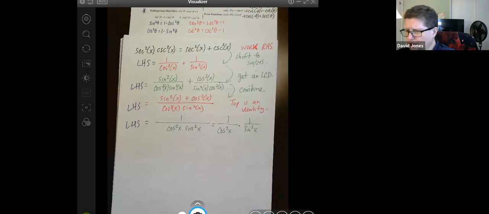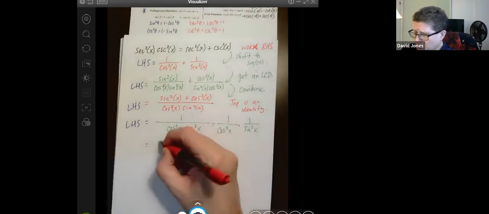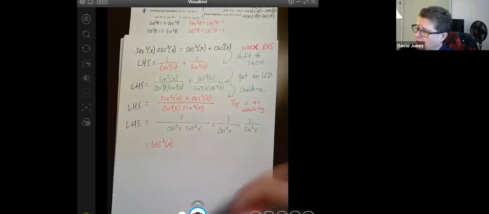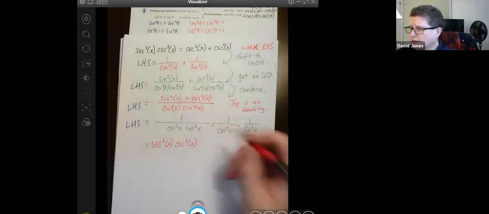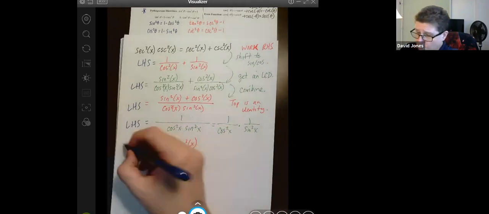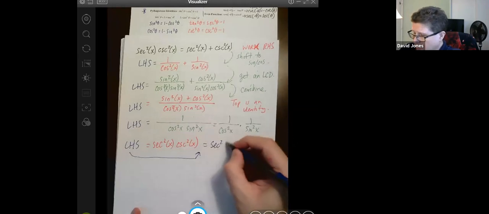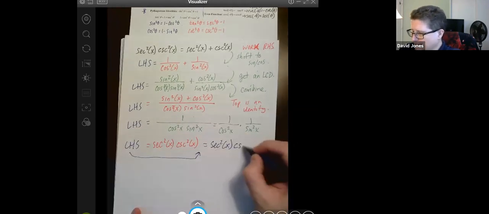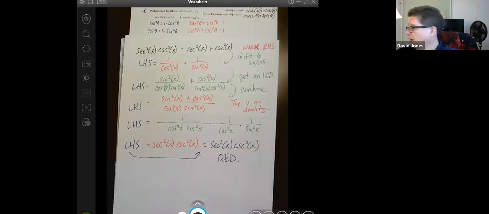And finally, we use our reciprocal identities. 1 over cosine squared x is secant squared x, and 1 over sine squared x is cosecant squared x. And that's my left-hand side, right? Now, I'm writing it on the right here, but that was the left-hand side. QED. Which way you think is easier is entirely up to you.